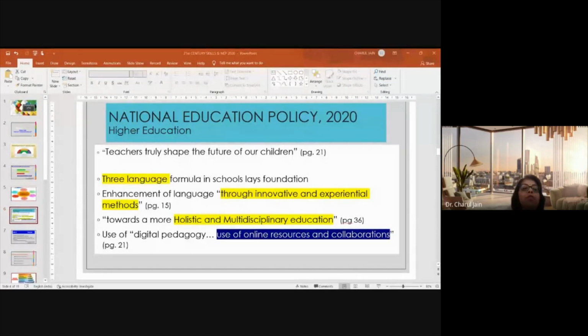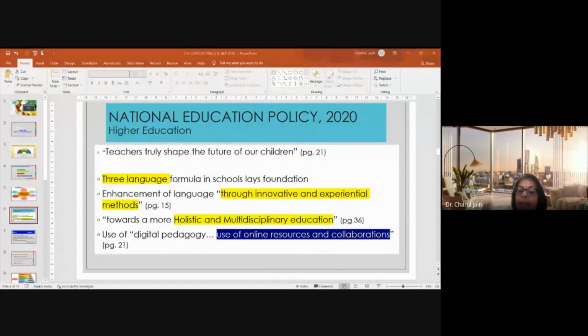I go back to the partnership of 21st century skills slide where core subjects were emphasized. A maths teacher would not know what a geography teacher is teaching. A history teacher would not know what a physics teacher is teaching.